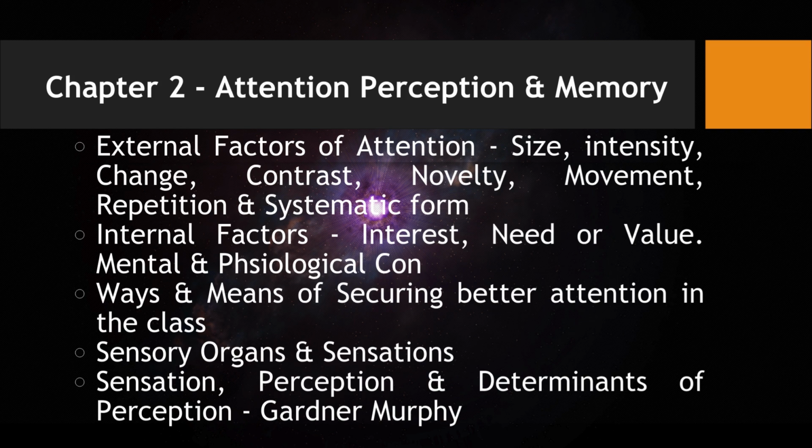Gardner Murphy speaks of the following four factors of perception: that is, sensation, nervous structure capable of or sensitive to the difference in nature and strength of the sensation, our previous experience, and mental set at the time of experiencing the sensation.